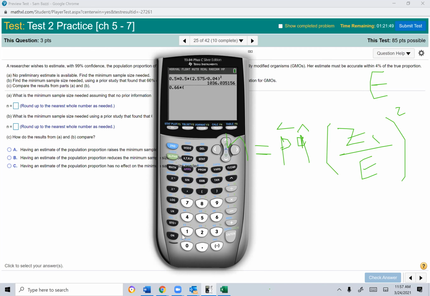It will be 1 minus 0.66, which is 0.34. Yeah, that is correct. Times open parentheses, 2.575 divided by 0.04 and then square it. And then your answer should be 930.